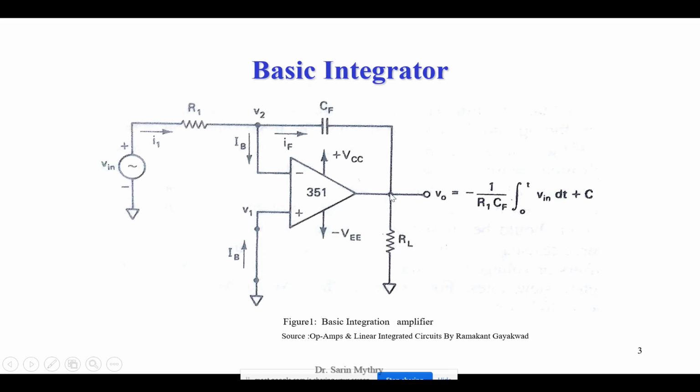It is integrating the input voltage and giving the output voltage. So that's why we call it an integrator. This is the equation which you have found out: V out equal to integration of V in.